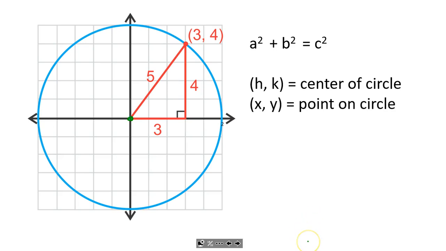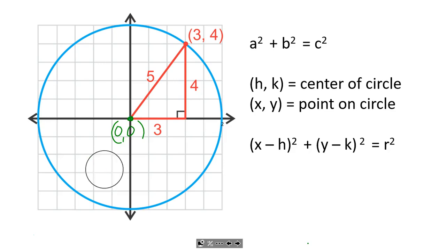If we were to solve for the radius of the circle, we could do that by plugging in these values. Here our center was 0, 0, right? So this would have been 3 minus 0 squared plus 4 minus 0 squared equals r squared, right?